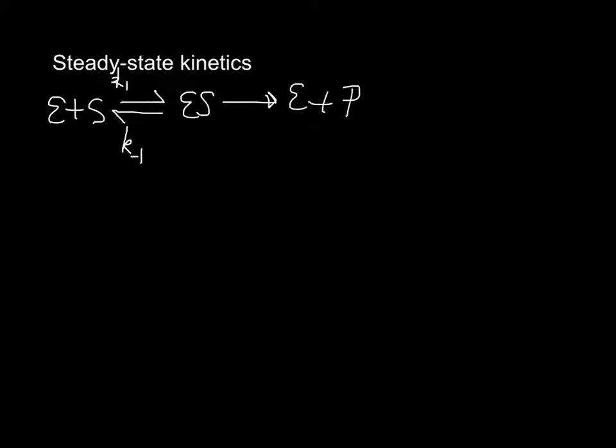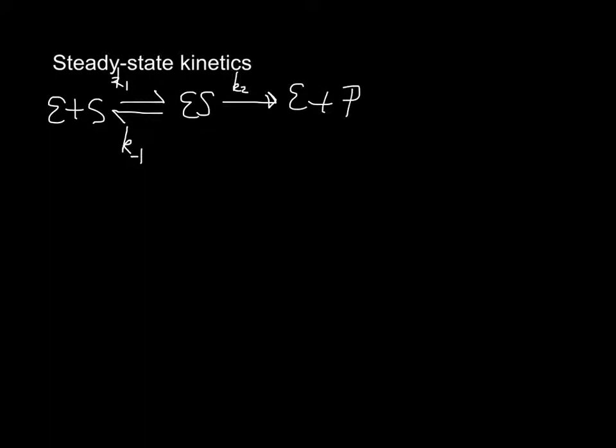That's how they differentiate. If it's k minus 1, that means it's just that first step going in reverse. Here we're going to have k2, and we're assuming that there's no k minus 2, or that k2 is so much greater than k minus 2 that it's negligible. If you're doing initial velocities anyway, there would be no k minus 2 since you're not starting with product. You don't have to worry about it going backwards.